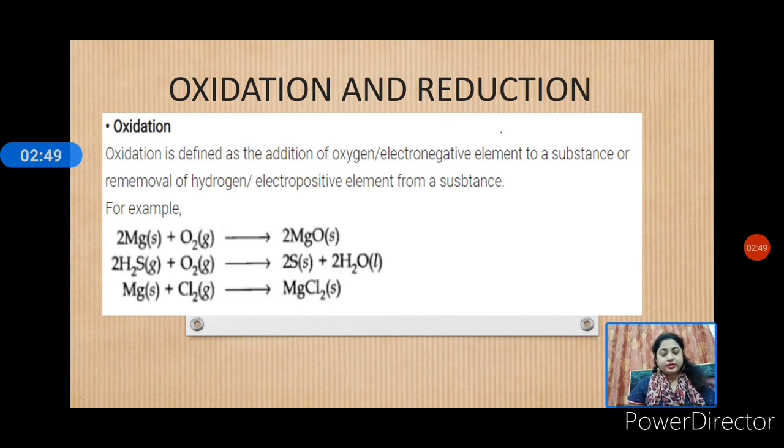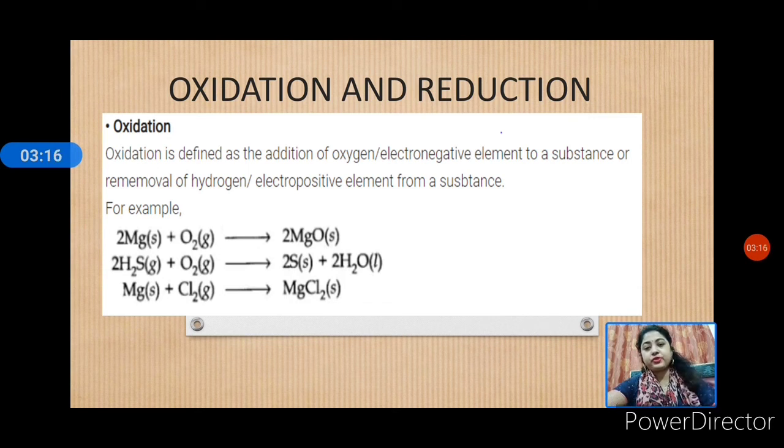Removal of hydrogen, it is not here, but you can know H2S plus Cl2 gives 2HCl plus sulfur. Addition of an electronegative element: magnesium plus Cl2 gives MgCl2. Removal of an electropositive element, many reactions are there. If we react potassium iodide with chlorine, it will give potassium chloride and iodine.